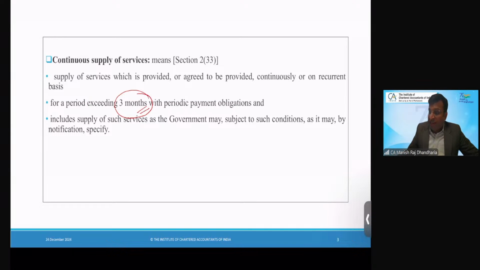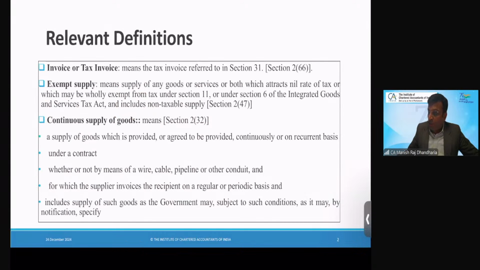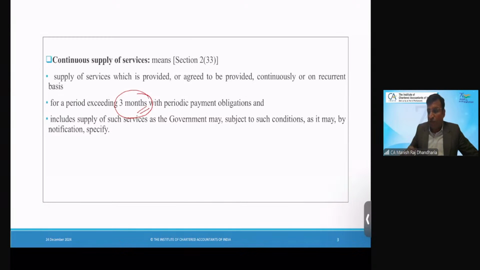There is no such criteria in case of goods. You can see the definition of continuous supply of goods. There is no such criteria, but in case of services, there is the 3 months criteria. These 2 points will be required when we discuss the tax invoice concept.